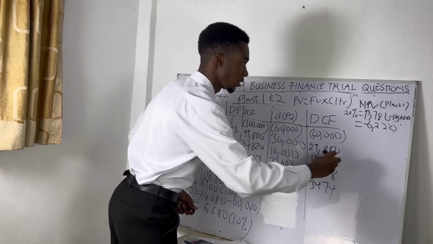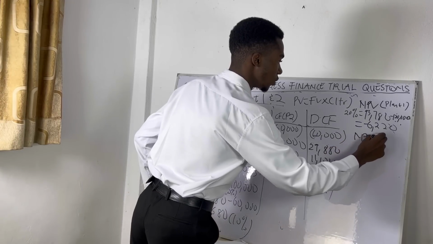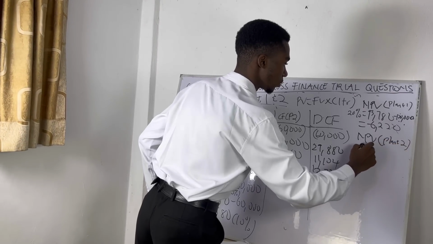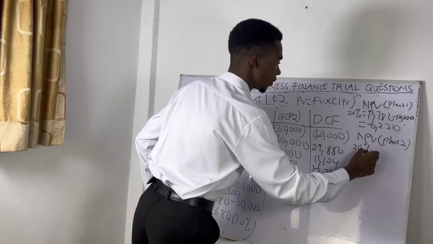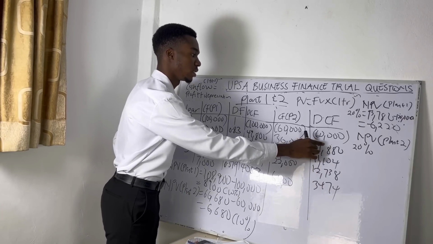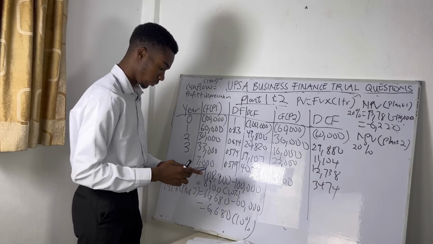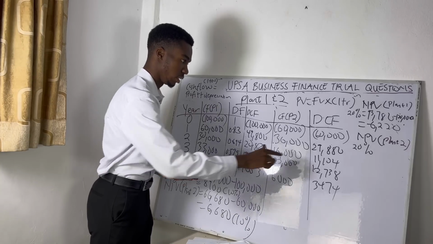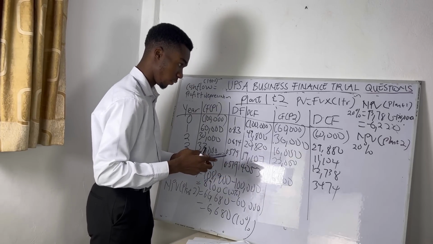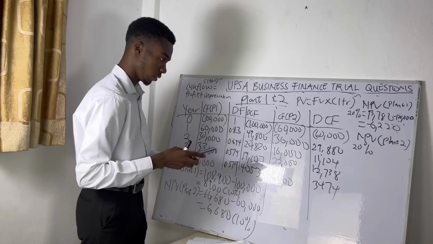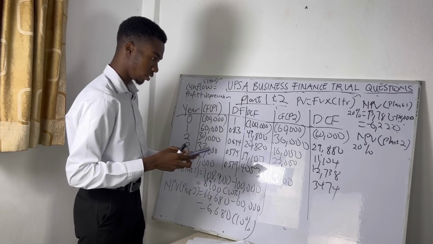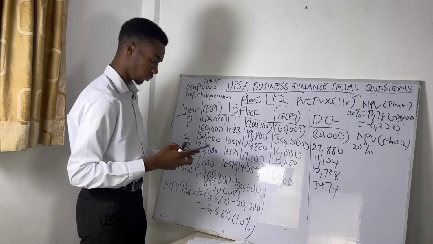So now we go to the net present value for plant 2, using the same 20%. We are going to add all the cash flows minus the costs. So we have 29,880, plus 11,104, plus 12,738, plus 3,474.